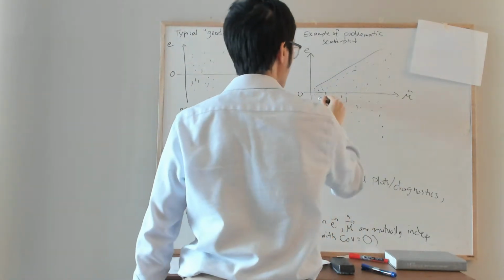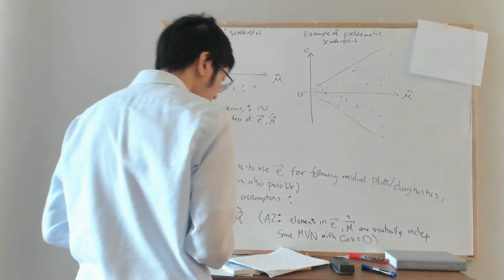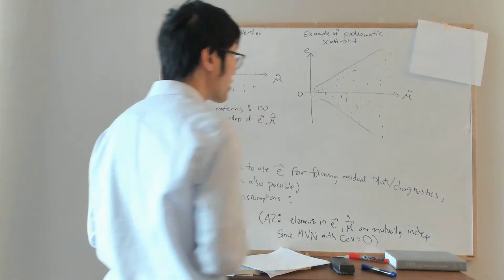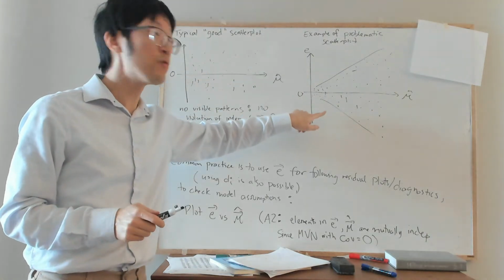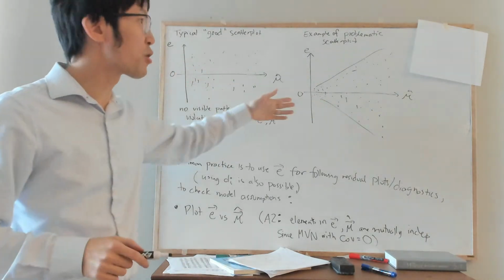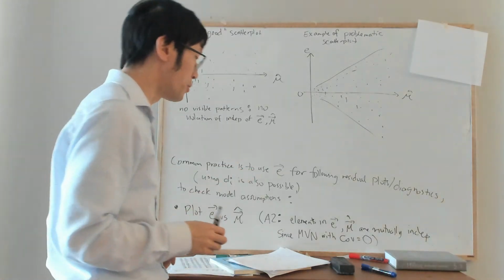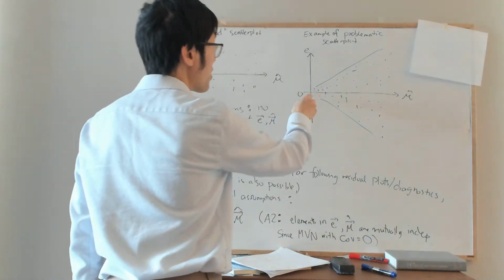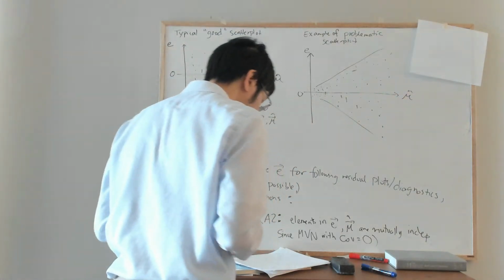You can see this kind of shape here. This reveals that some model assumption has been violated. Which one? It appears that the variance is not constant as a function of fitted values.